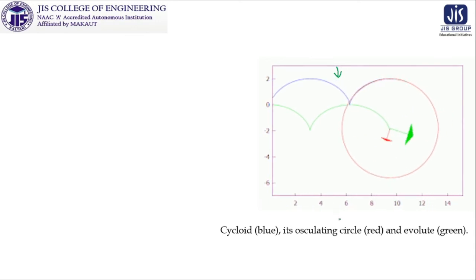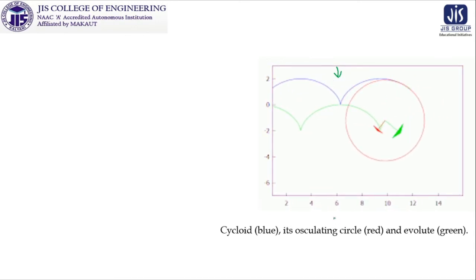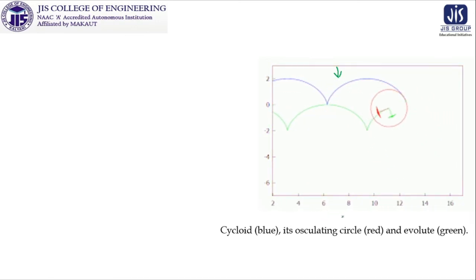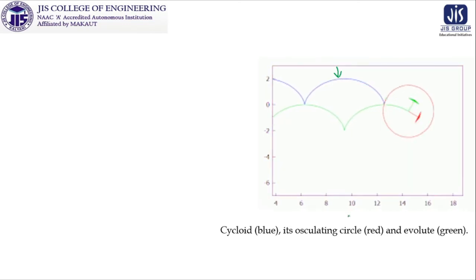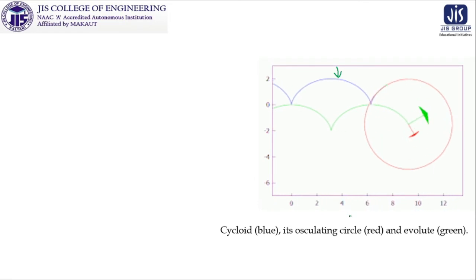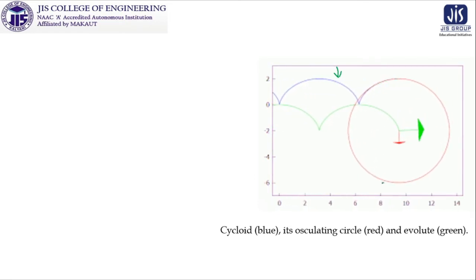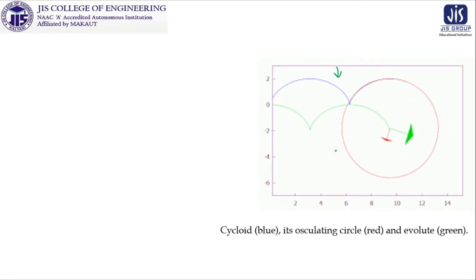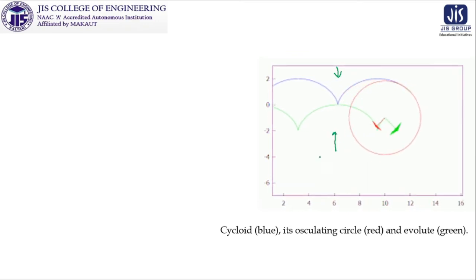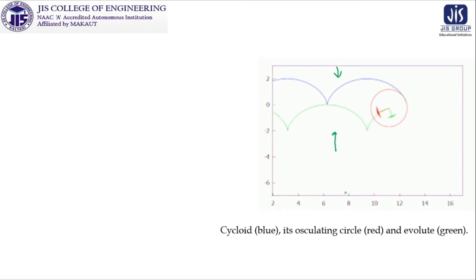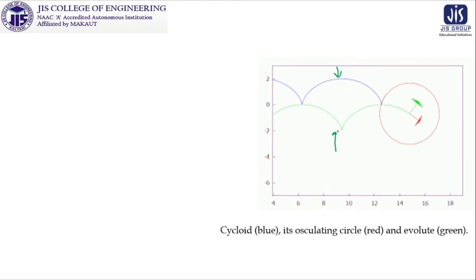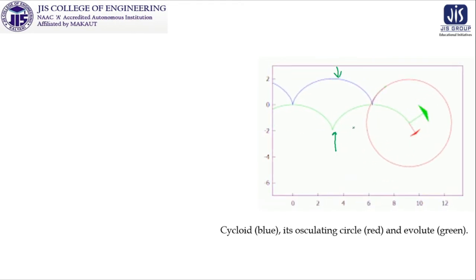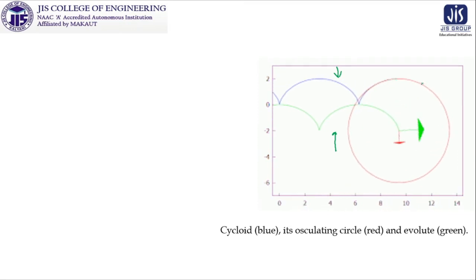Now after that, you are tracking the center of that particular osculating circle, and you are finding the locus of that one. So this green one is nothing but the evolute of this cycloid, because this green one is the locus of the center of this osculating circle.